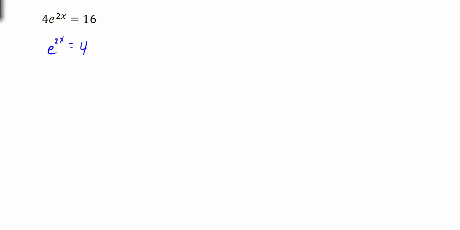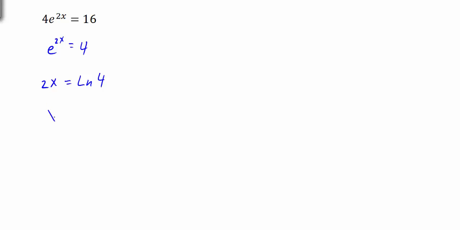Now here we could once again just simply rewrite this into logarithmic form. So we know we're going to have our exponent. Now notice the exponent here is 2x. So we're going to have 2x is equal to, now that would be log base e, or I'm just going to write the natural log of 4. Okay, so now all we have left is to divide the 2 away.